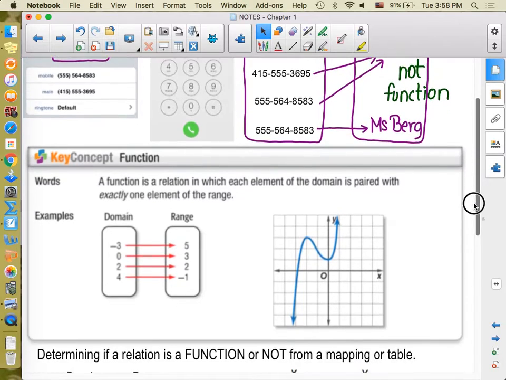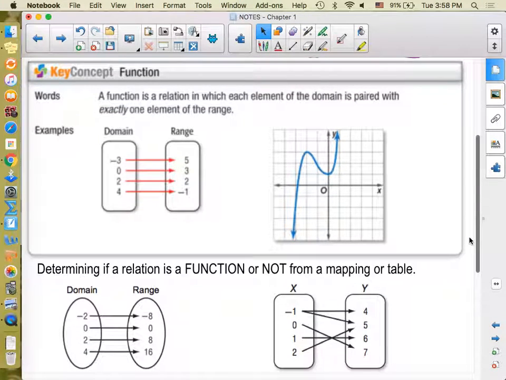So in algebra, to be defined as a function, it has to first be a relationship between two variables. So a function is a relation. We looked at relations yesterday, just talking about two quantities related to each other, an independent and a dependent variable, in which each element, that's each part, each number of the domain, and you think, ooh, element of the domain, you lost me right there.